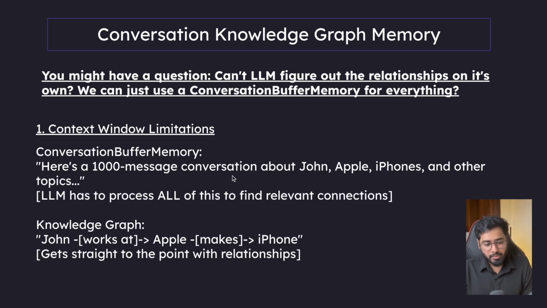With conversation buffer memory, there's a 1,000 message conversation about John, Apple, iPhones, and other topics. The LLM has to process all of this to find the relevant connections. But in a knowledge graph, there is a graph-like structure and all the relationships are maintained. John works at Apple, makes iPhones. So it gets straight to the point with relationships.